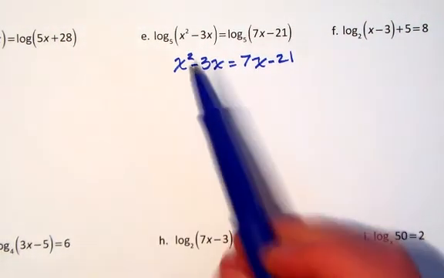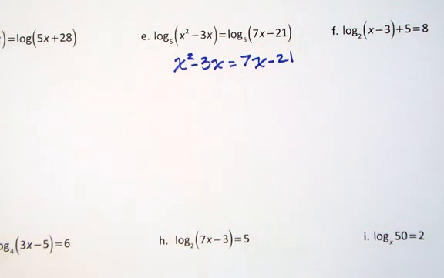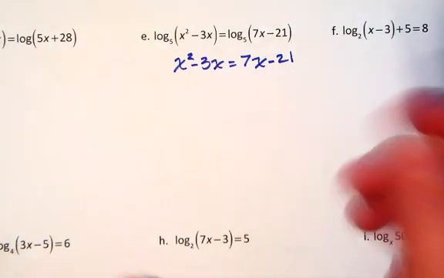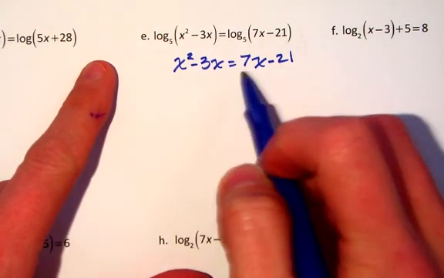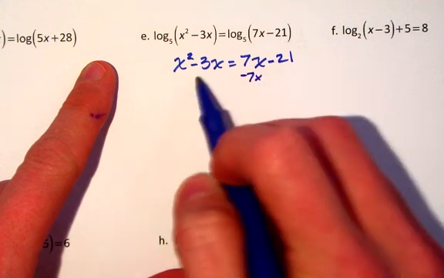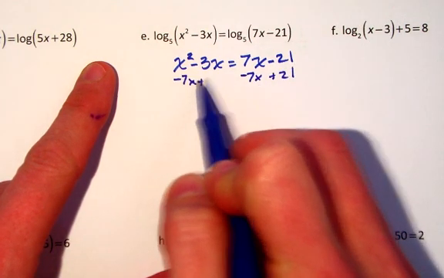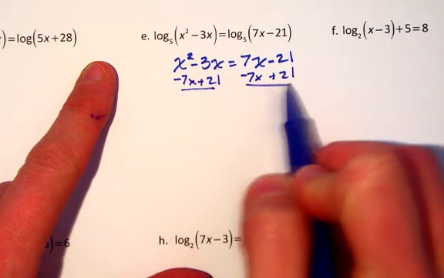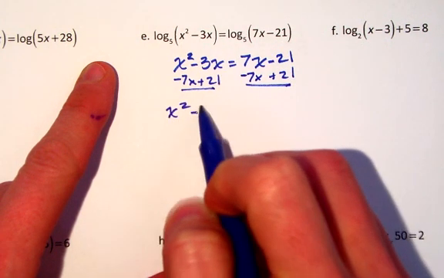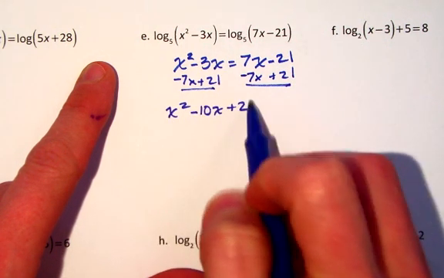What's the giveaway? Yeah, we have squared. Anytime you have a quadratic equation, what is the first step? Set it equal to 0. So we're going to subtract 7x, and we're going to add 21 to both sides. So then we're left with x squared minus 10x plus 21 equals 0.